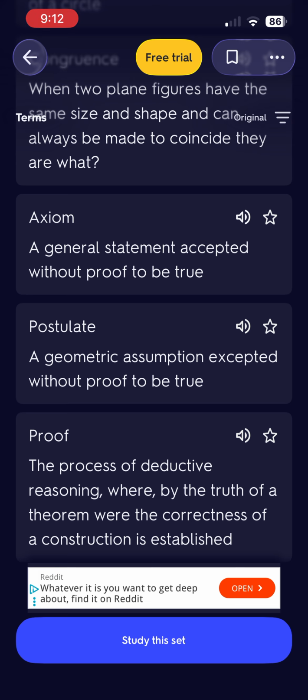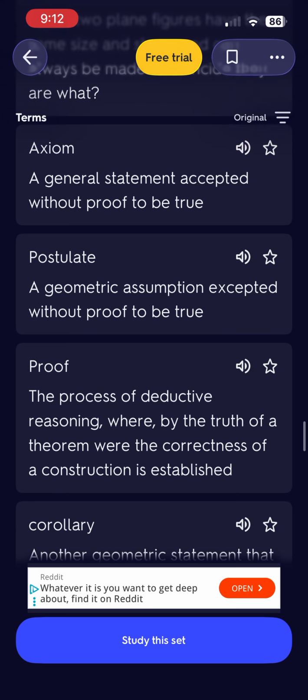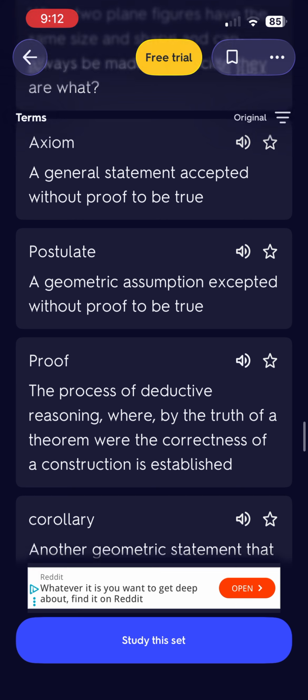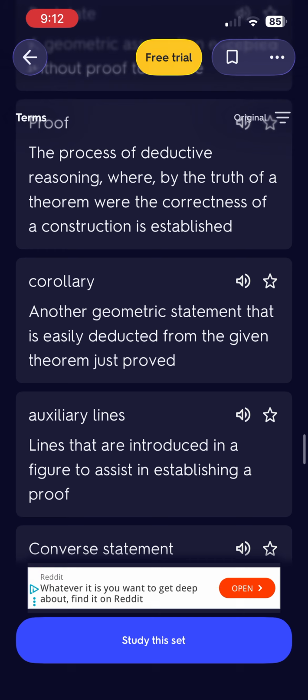Axiom. A general statement accepted without proof to be true. Postulate. A geometric assumption accepted without proof to be true. Proof. The process of deductive reasoning, where by the truth of a theorem or the correctness of a construction is established.